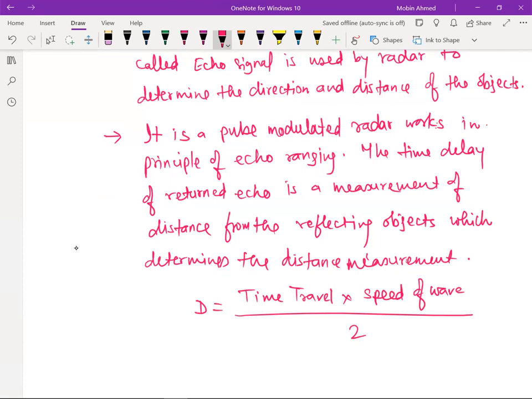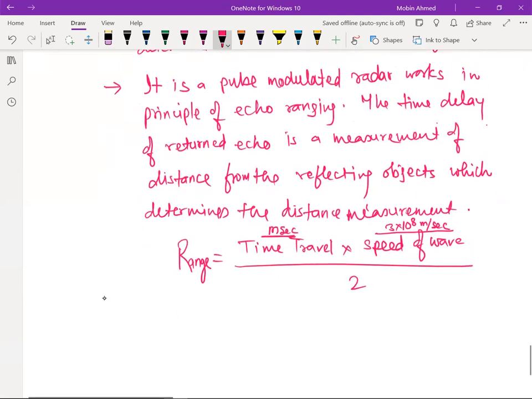How much time it is going to take? It will be taking just milliseconds. Remember this one? Because it is having quite high speed, 3 into 10 to power 8 meter per second. So it just goes and comes back, divide by 2, that will give the distance. This is the simplest one. Finding the range is a very complex formula, and this is the smallest formula that we can think of.